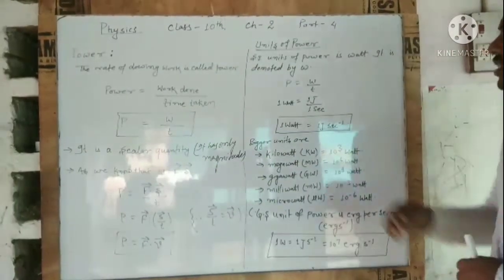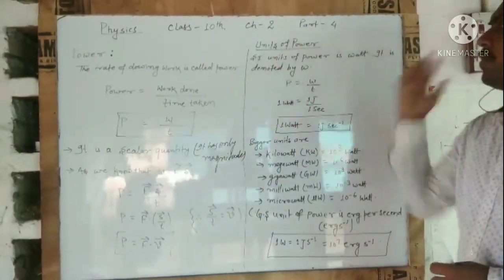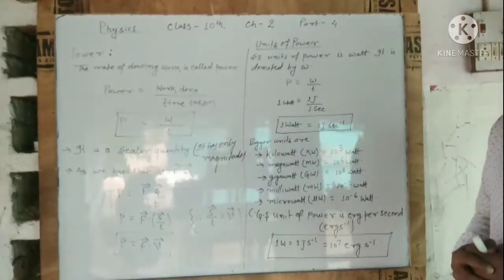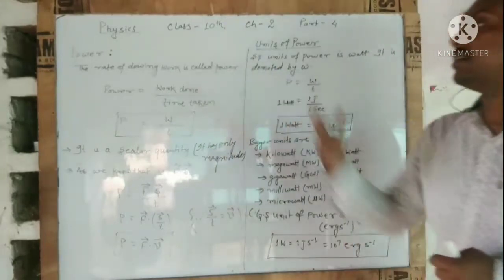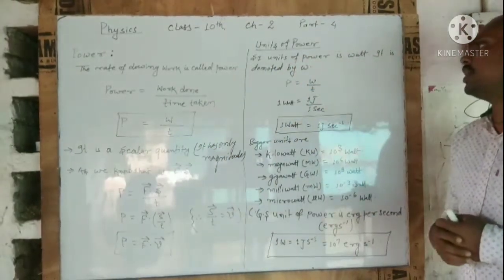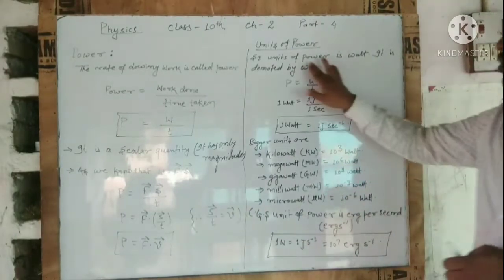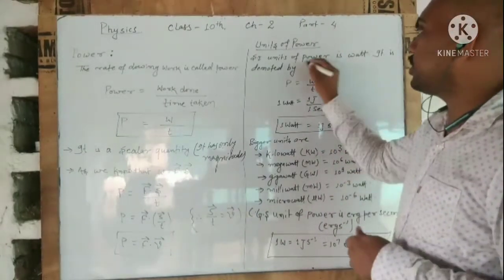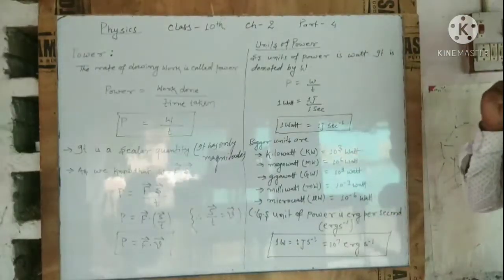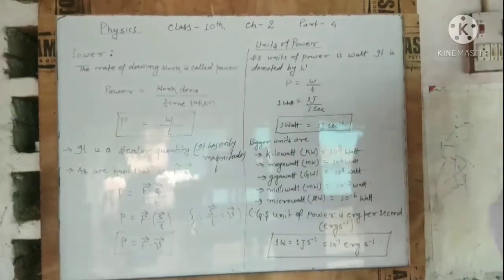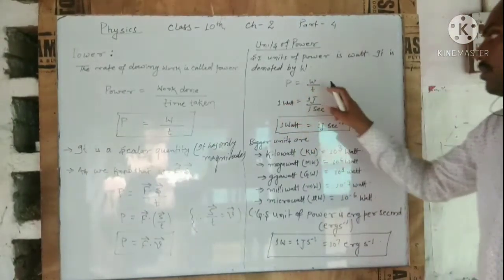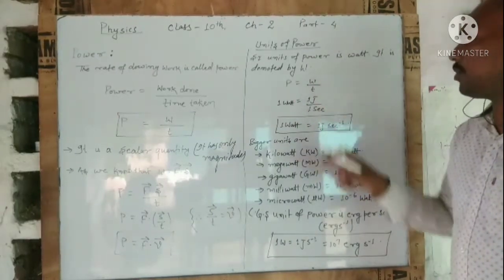Okay. Now come to the point, units of power. We can find the units by this definition or this formula. The SI unit of power is denoted by W. Now we know that power is equal to work done upon time.